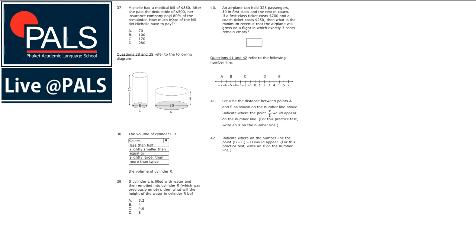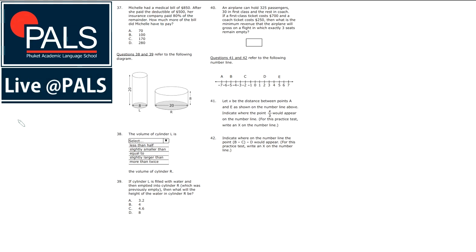Michelle had a medical bill of $850 after she paid the deductible of $500. Her insurance company paid 80% of the remainder. How much of the bill did Michelle have to pay? 80% of the remainder.